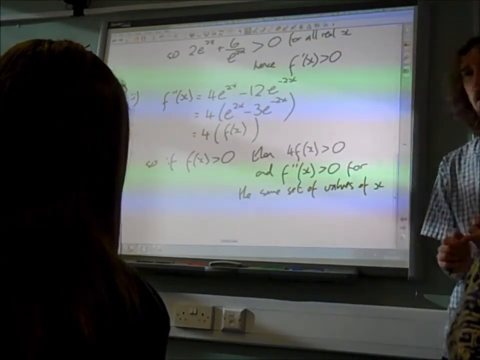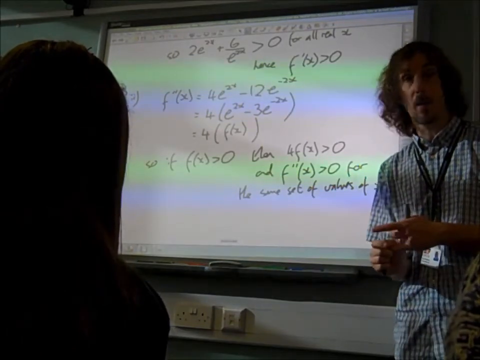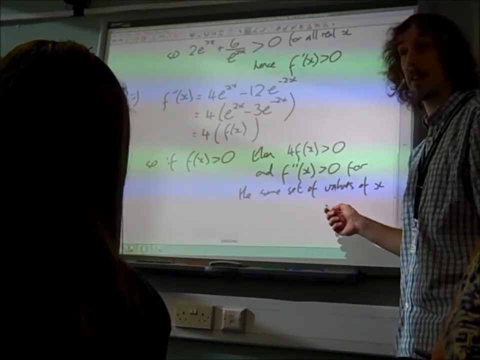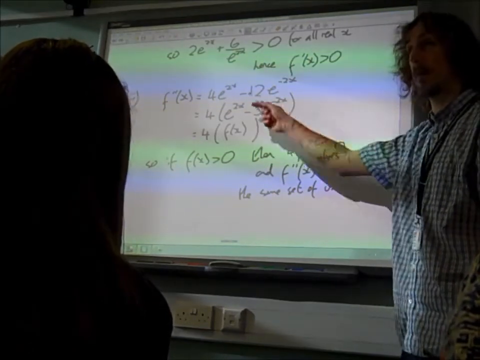So now we need to find what that set of values is, and we can work with either of the bits of functions that we're dealing with. If we've just shown that it's the same set of values, then let's work with the simpler bit.